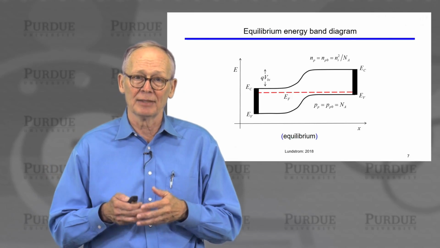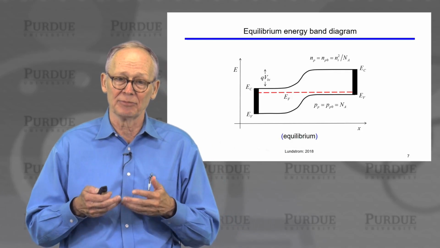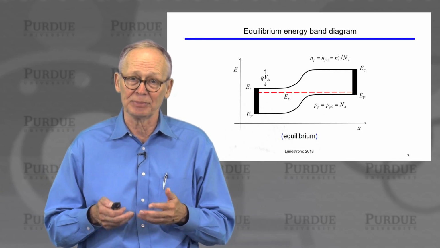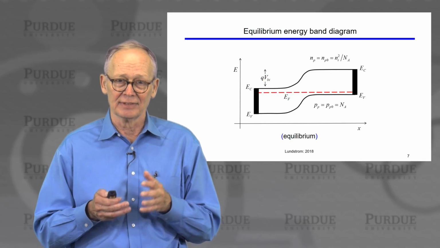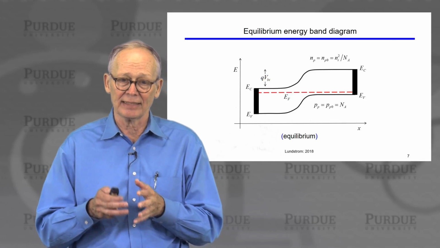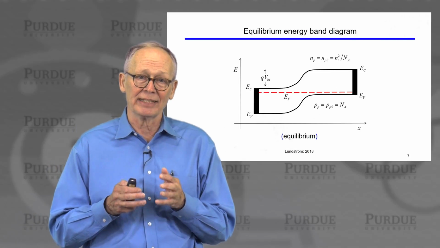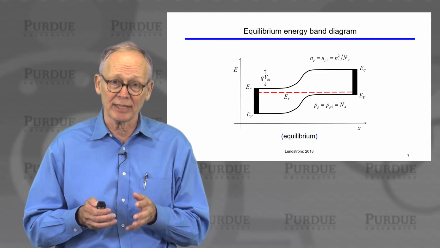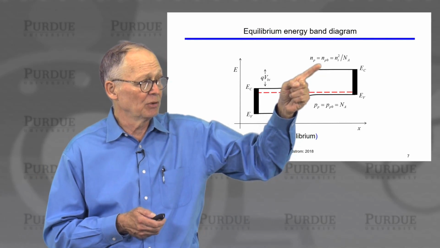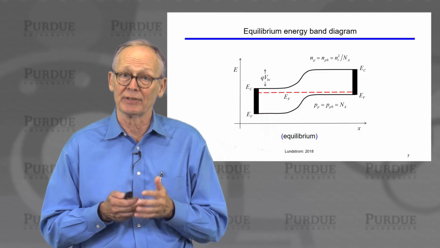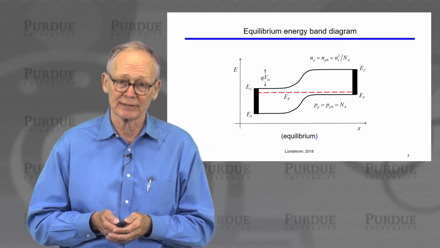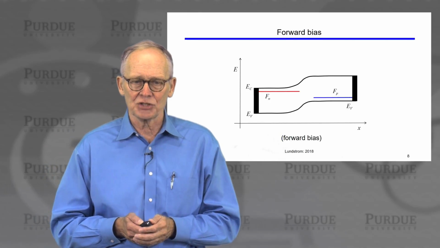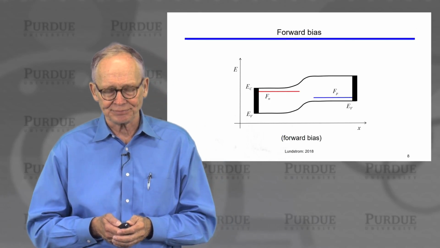There will also be some equilibrium concentration of minority carrier electrons on the p side. I'll label that as n sub p naught, the number of electrons on the p side in equilibrium. And you'll remember that n_p p_p equals n_i squared in equilibrium. So the number of minority carrier electrons is a very small number, n_i squared divided by the p-type doping density. So that's the situation in equilibrium.